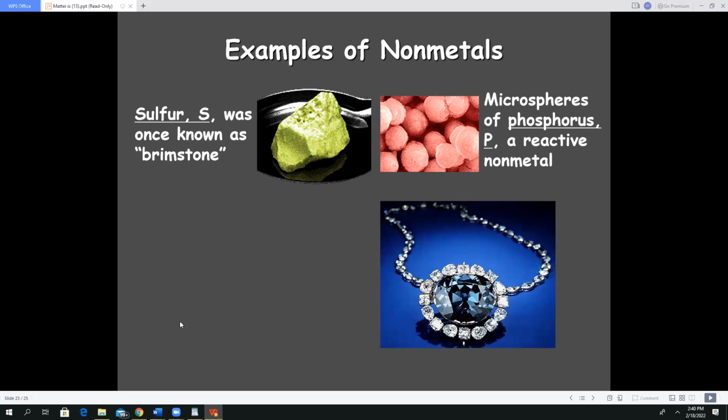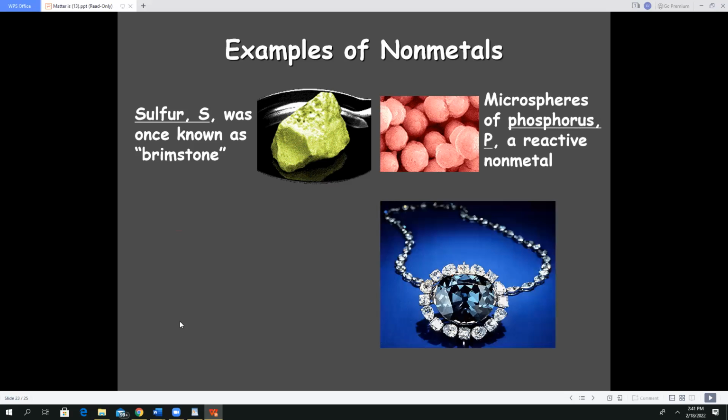And here's another one. Yes, that's a diamond. And diamonds are pure carbon. And do you remember that lead was also pure carbon? This is what is known as an allotrope. An allotrope is an arrangement of the atoms.